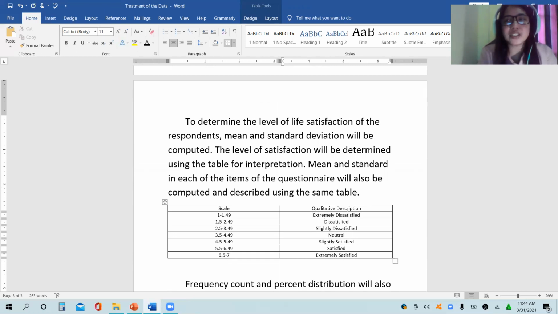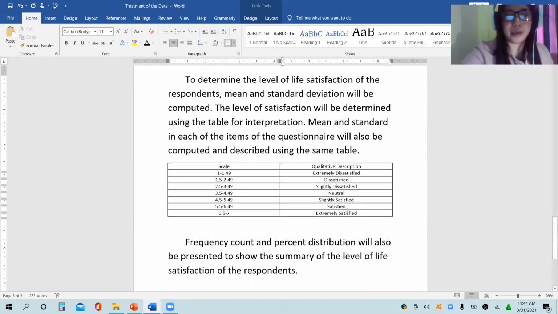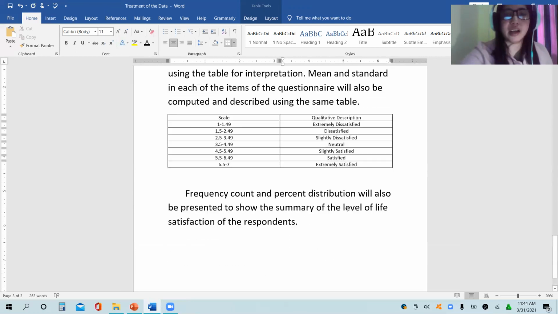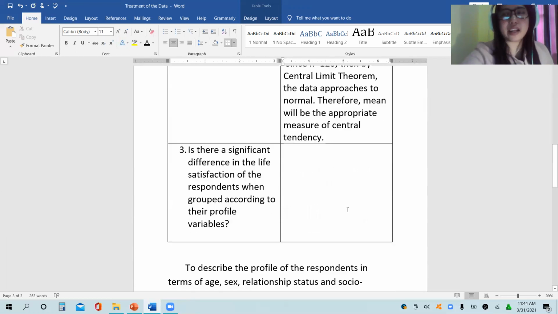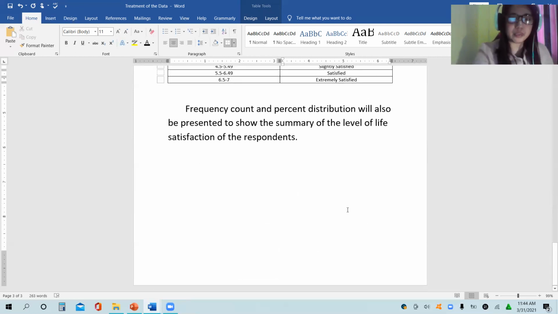In case that it is not above 30, then we have to check our data if it is normal or skewed. We have a separate video for checking normality. So this is the needed treatment for our data.